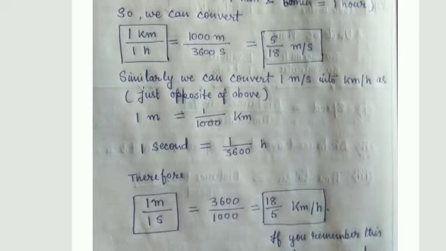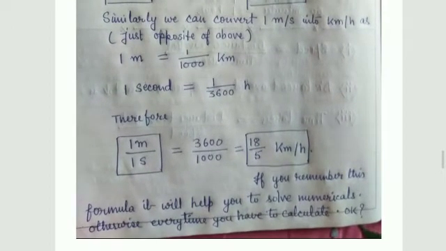It is very less in number. Therefore, 1 meter per second is equal to 3600 divided by 1000.